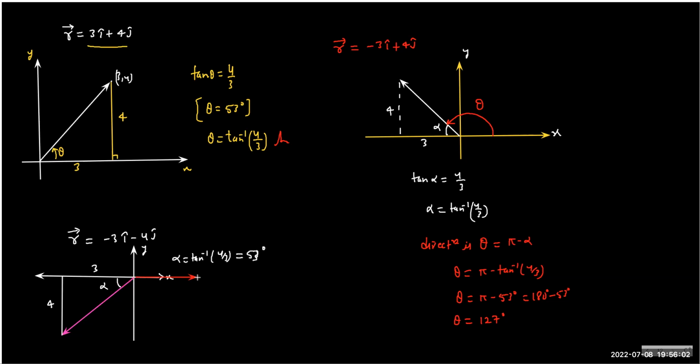Or why not simply move this way? But to move this way, you have changed the direction of rotation to clockwise. So how will the reader come to know that it's clockwise? We change the sign convention. We write minus. So first I'll find theta, then I'll put a minus sign.